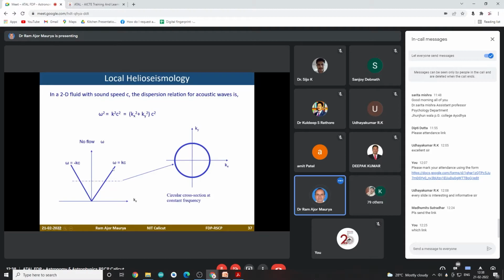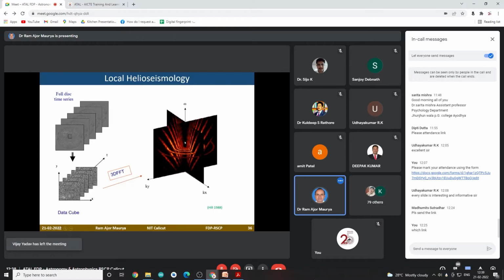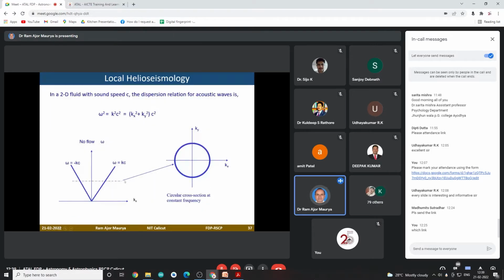If you rotate this omega equal to kc around the omega axis, you will have a cone. Considering different frequencies, you will have the trumpet shape that you have seen here. That way we can explain the trumpet shape and the ring structure in the power spectra.